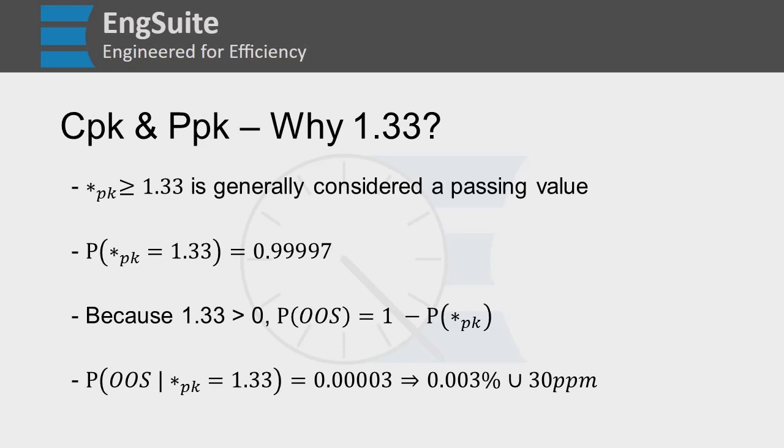So that is 6 sigma. 6 sigma is less than 30 parts per million failing. And we just calculated it off of the normal distribution. That is incredible to me.